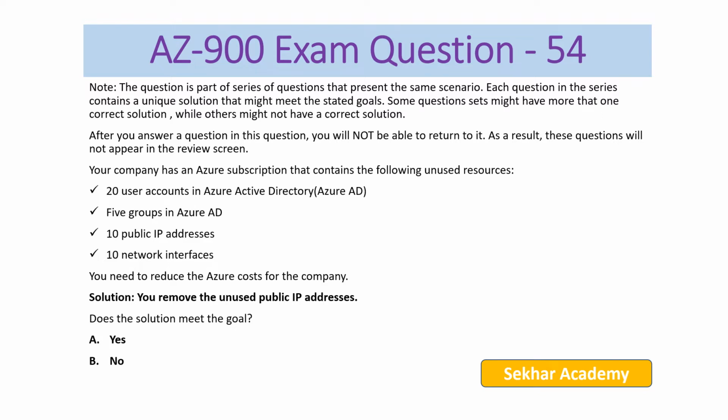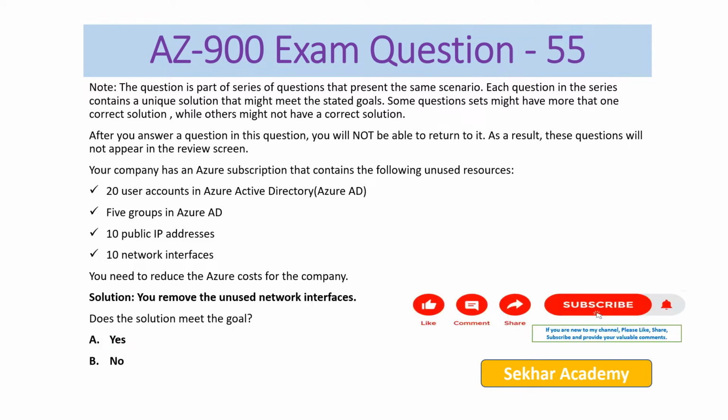So the solution is here, you remove the unused public IP addresses. Does the solution meet the goal? The right answer is yes. By removing the unused public IP addresses, we can meet the goal and reduce the cost for the company.